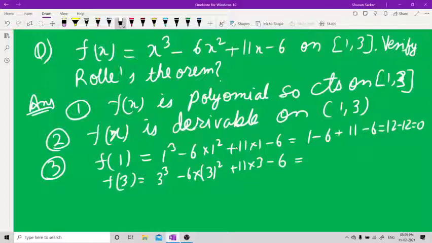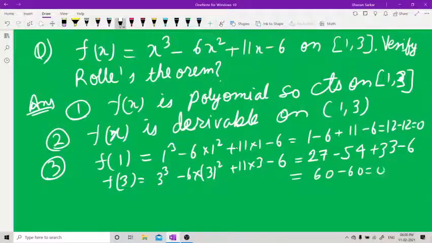So this is 27 minus 54 plus 33 minus 6. So this comes out to be 60 minus 60, again 0. So f of 1 is equal to f of 3 is equal to 0.